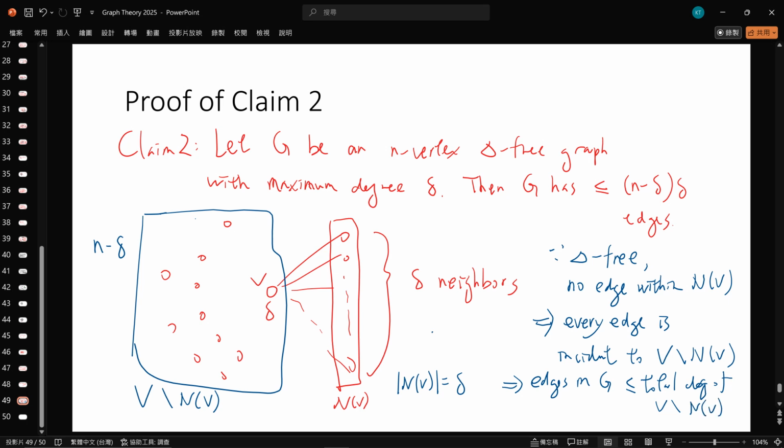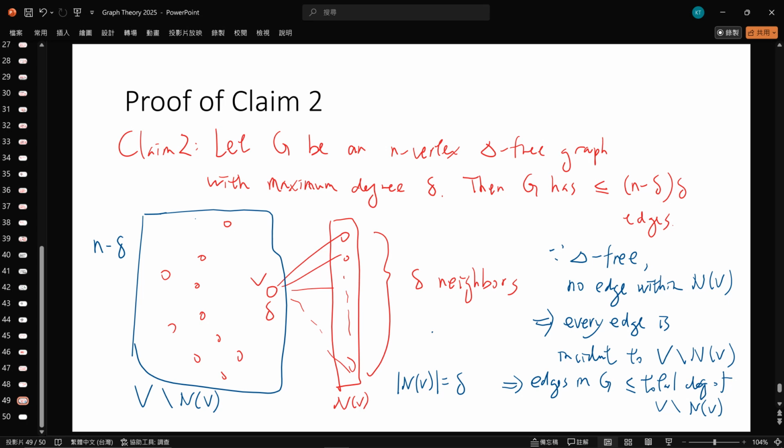Do you agree? Okay, so now we want to count the number of edges. To count the number of edges, we know that every edge has at least one endpoint in this blue set. So we can just count the total degree in this blue set.